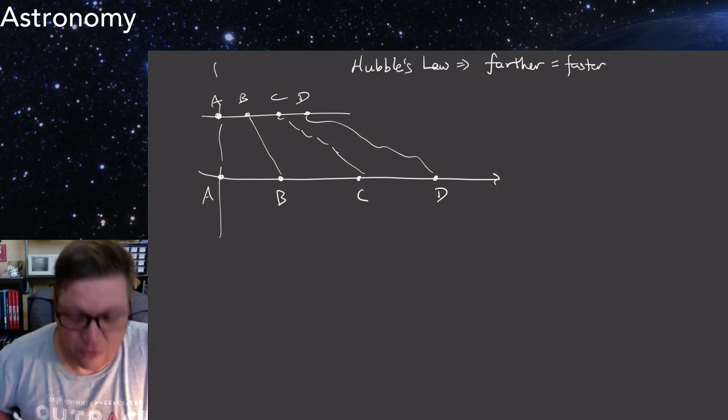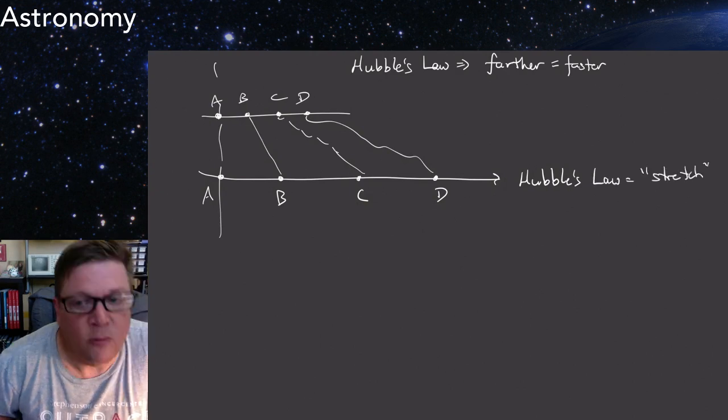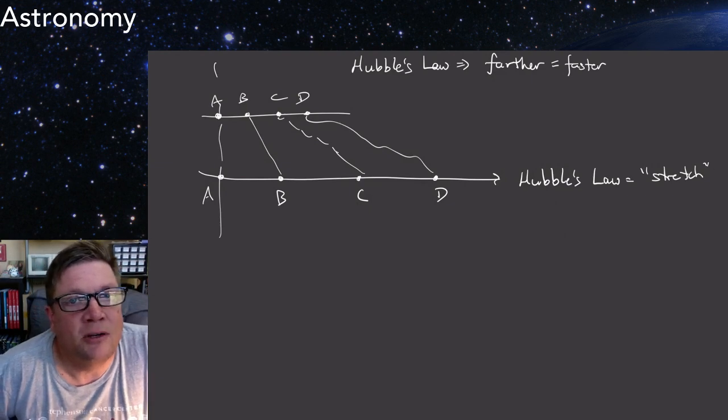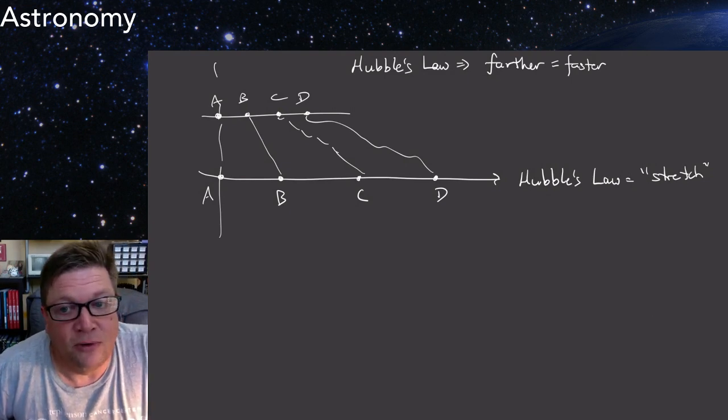So this kind of stretch is what we're really talking about. Hubble's law really implies a stretch, so that now it makes sense. If the universe is stretching like a rubber band, it makes sense that the things that are farther away are moving away the fastest, because that's just the way that elastic materials work, rubber bands or whatever.